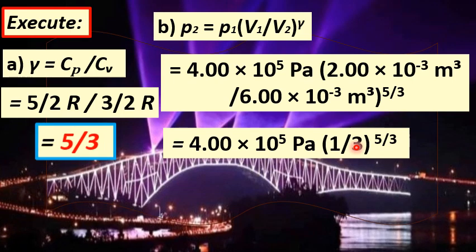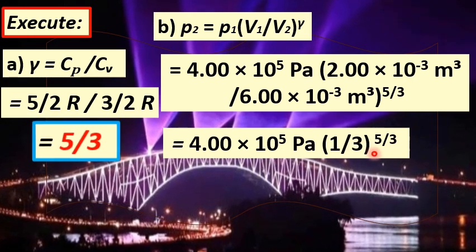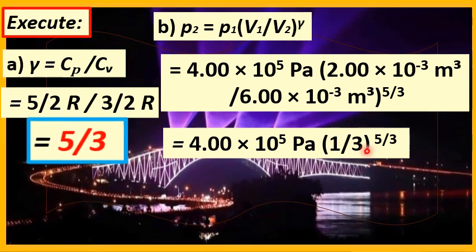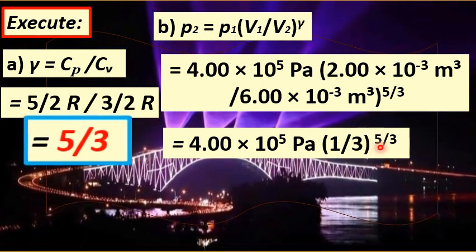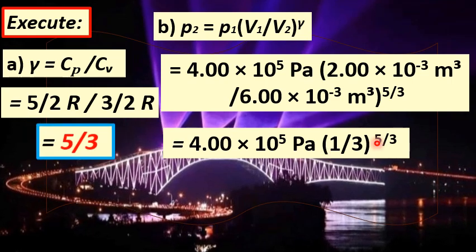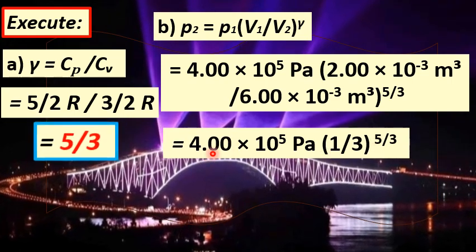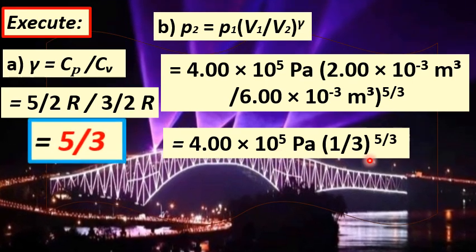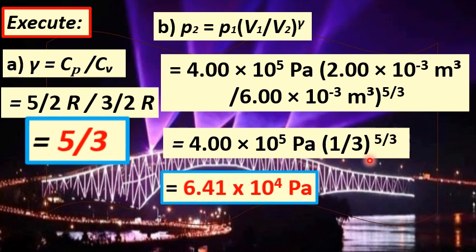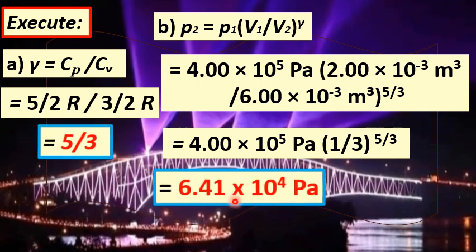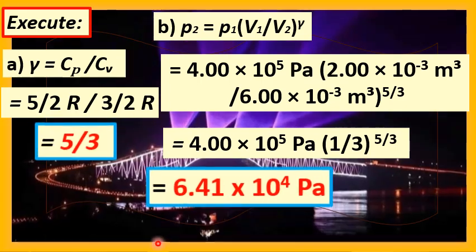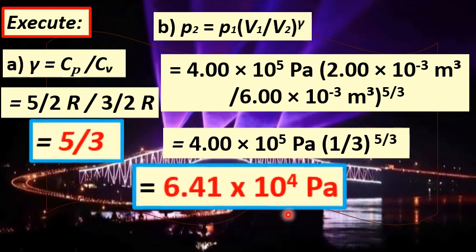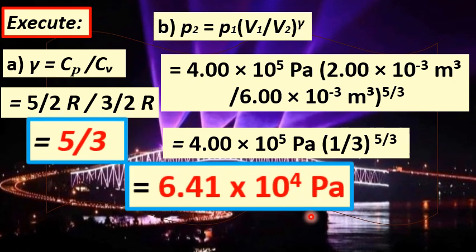So using your calculator, we can determine the value of 1/3 raised to the power 5/3, and then that will be multiplied by 4.00 times 10 to the 5 Pascal. That is our final pressure P sub 2 equals 6.41 times 10 to the 4th power Pascal in 3 significant figures.